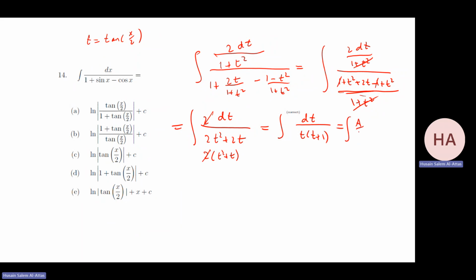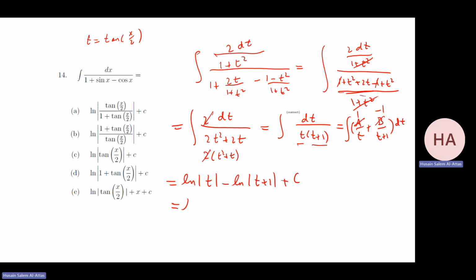So this is a over t plus b over t plus 1 dt. To find a, we cover this and substitute 0, that will be 1. Cover this, substitute minus 1, that will be minus 1. So you have ln t minus ln t plus 1, plus c.